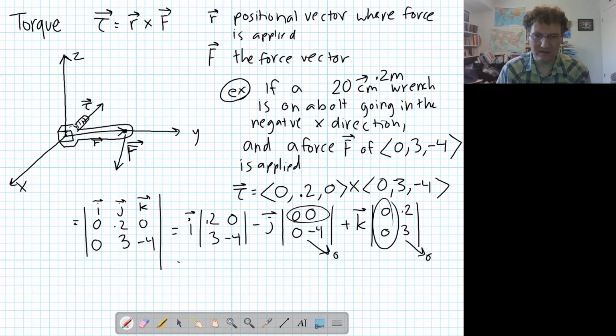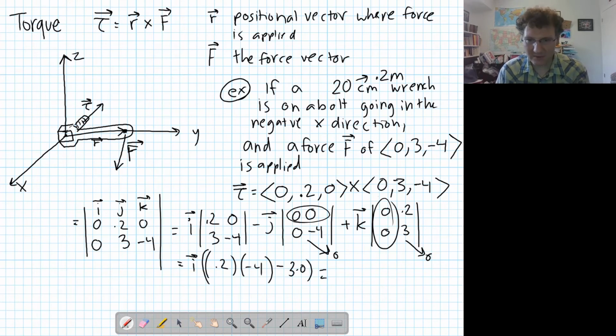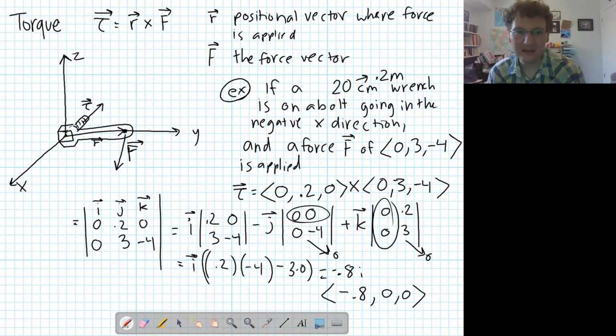And so all we have is I times 0.2 times minus 4, minus 3 times 0, which is just 0. So this comes out to be minus 0.8 I, which is a vector that's minus 0.8, 0, 0. So indeed, it's applying a torque in the direction of the bolt, like tightening the bolt.